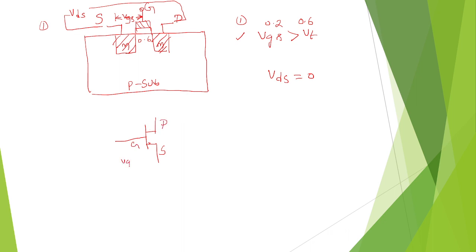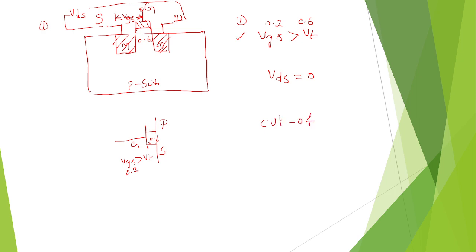We have given only 0.2 volts, but the threshold is 0.6. So the depletion region will not decrease, there is no channel formed from source to drain, so it is in the cutoff region.